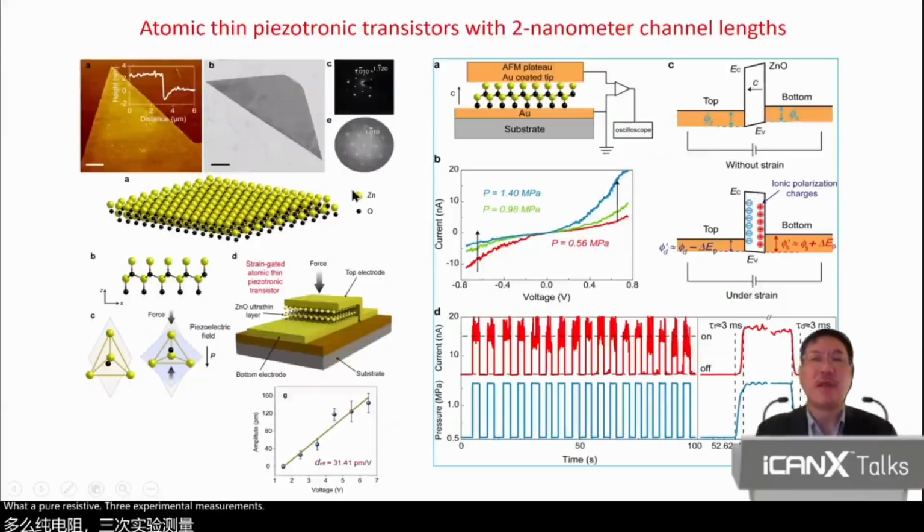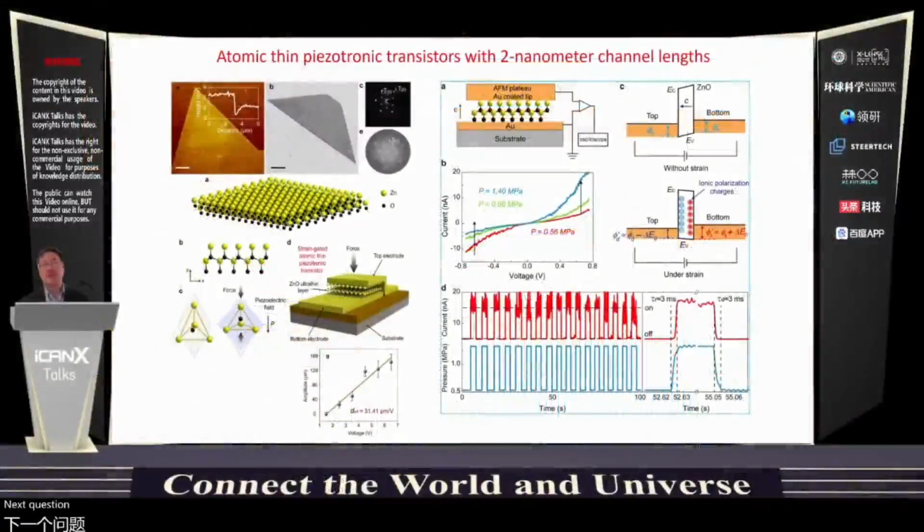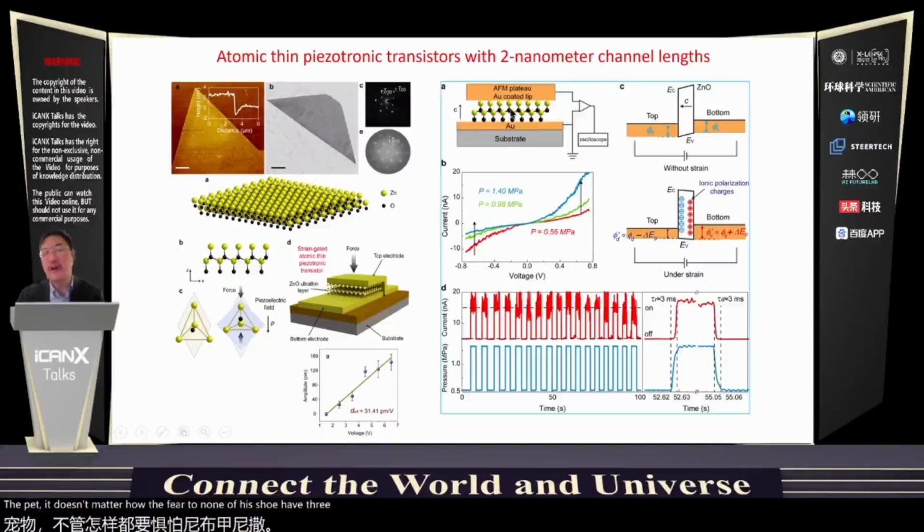Okay. Next question: how thin can the sample be and still have the piezotronic effect? We made a 2 nanometer thick slab. It doesn't matter how thin. 2 nanometers should have 3 units.